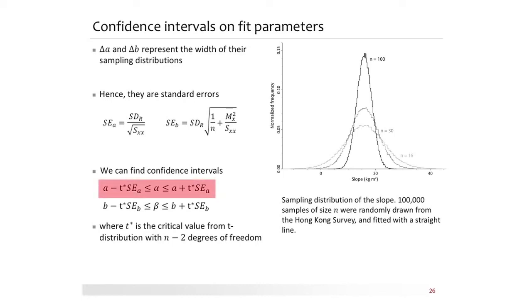So we multiply the standard error by this critical value t star from the t-distribution with n-2 degrees of freedom, and the confidence interval is between A minus t star SE and A plus t star SE, and the same is for B. So this is a prescription for how to calculate confidence intervals on slope and intercept.